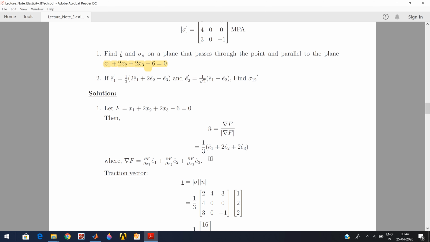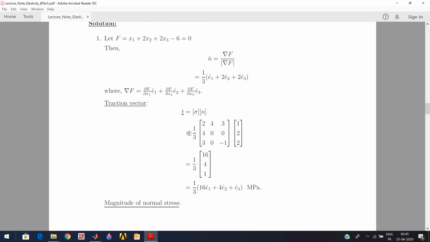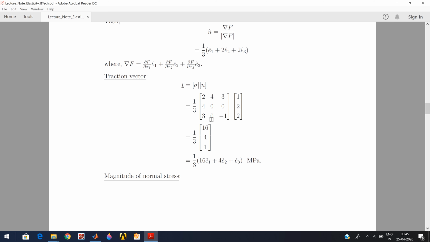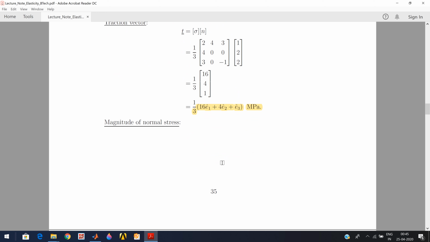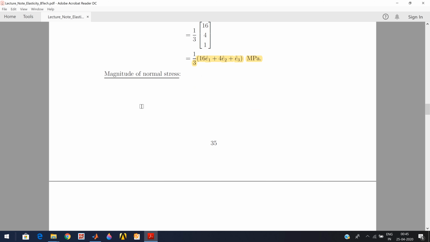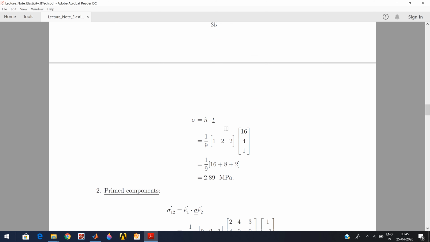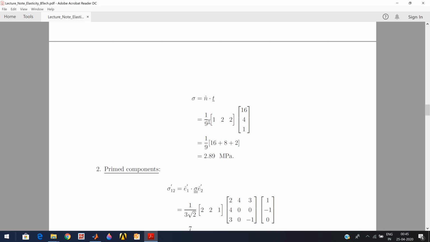All right, once the normal vector is obtained, the traction vector is found using the relation t equals sigma n, and that's the magnitude we got. Then the magnitude of the normal stress is obtained as n dot t, which is calculated as n transpose t.